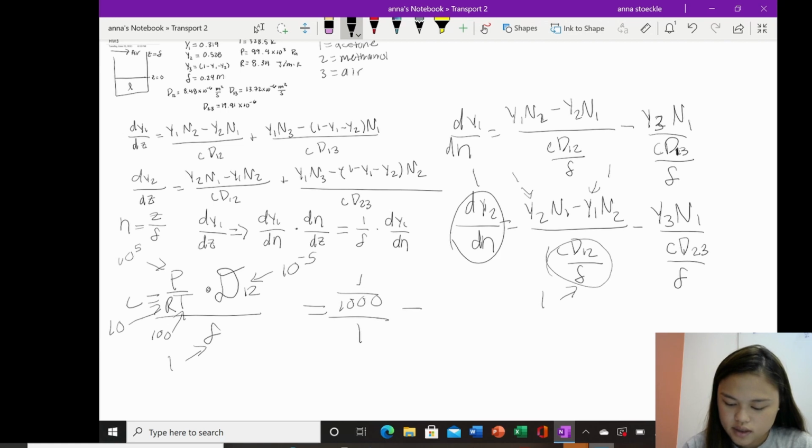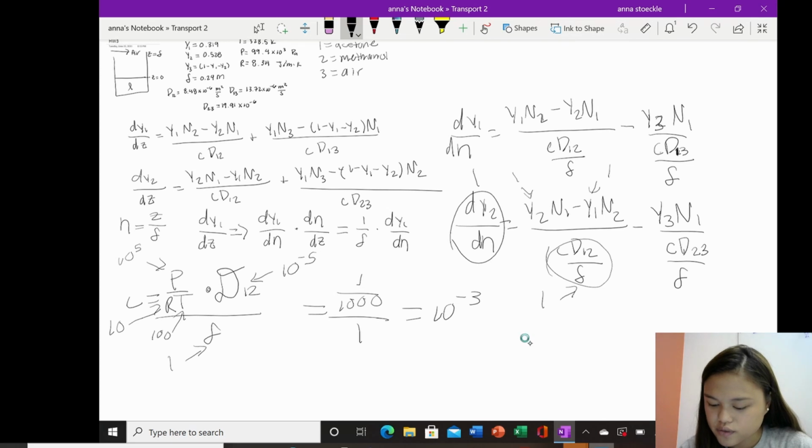And then we get 10 to the negative 3. So the denominator over here is going to be 10 to the negative 3. If we want an order of magnitude of 1 on this right side of the equation, we want our initial guesses for the molar fluxes for acetone and for methanol to be 10 to the negative 3.